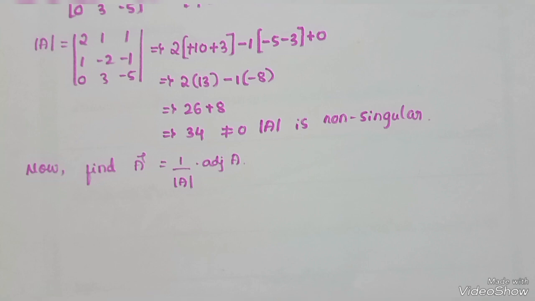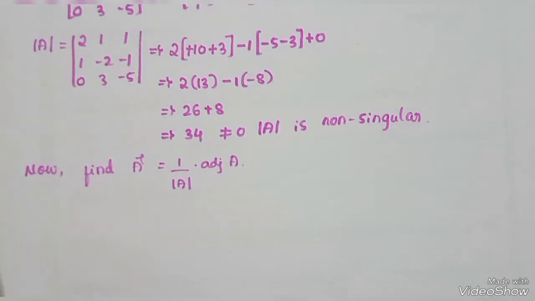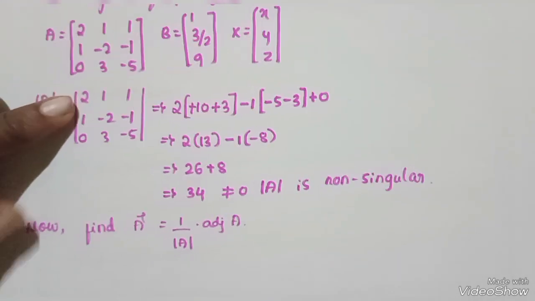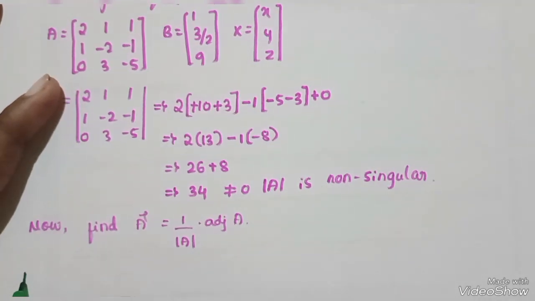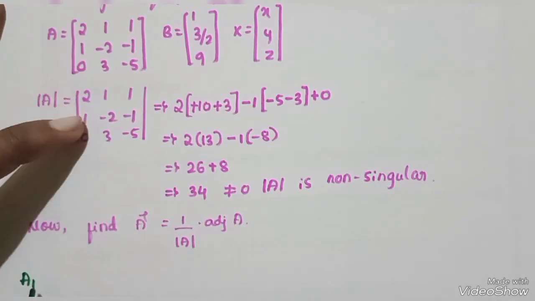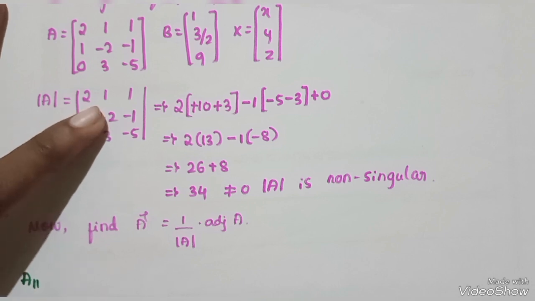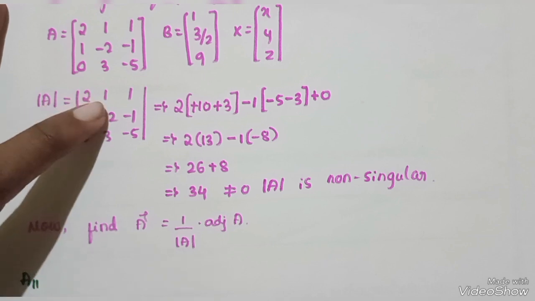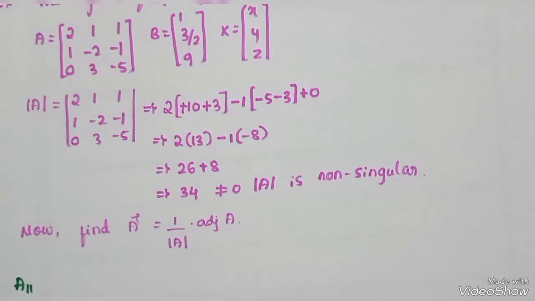So I am directly finding the minor, cofactor as well as adjoint. Here the first element I am considering is A11, then A12, A13.